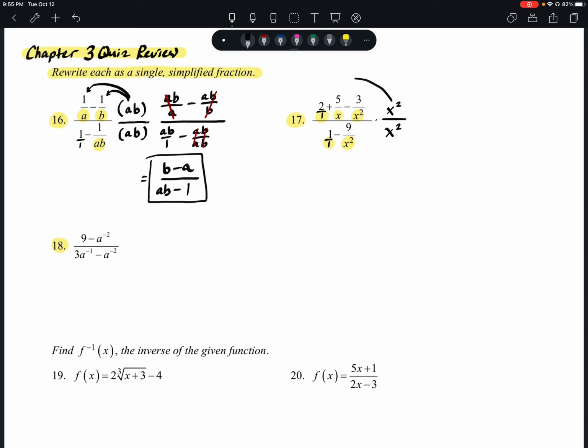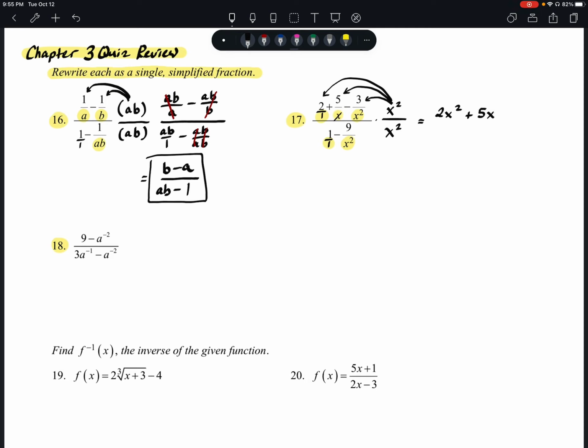So we'll go ahead and distribute that through, right? You're multiplying the numerators, but you can cancel the denominators at the same time. So 2 times x squared is 2x squared. x squared times 5 is 5x squared, but then we're going to cancel out the x, right? So we'd have plus 5x.